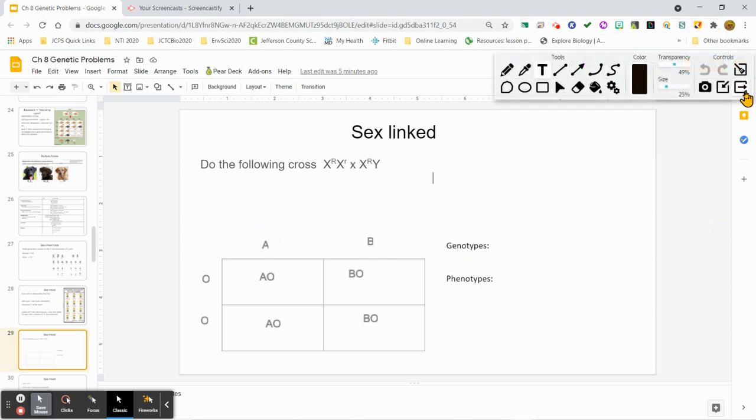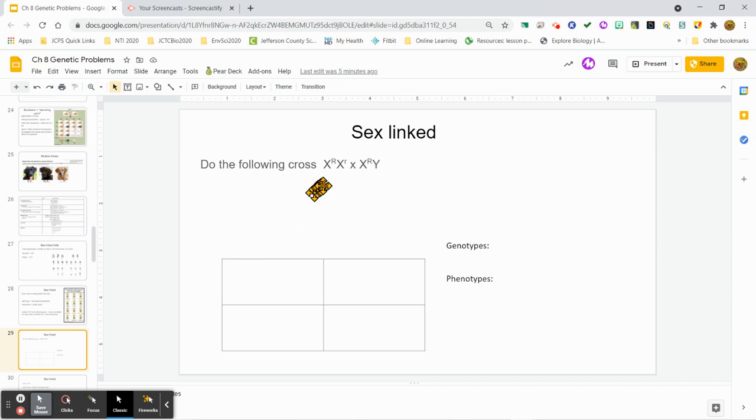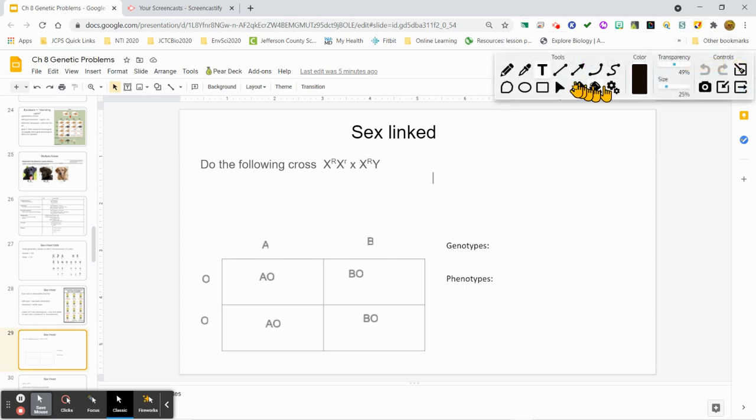And you have to keep track of the X's and the Y's here. So I guess I'm going to actually have to draw this. All right, so I'll do the first one here. This is the female, so she has 2 X's.